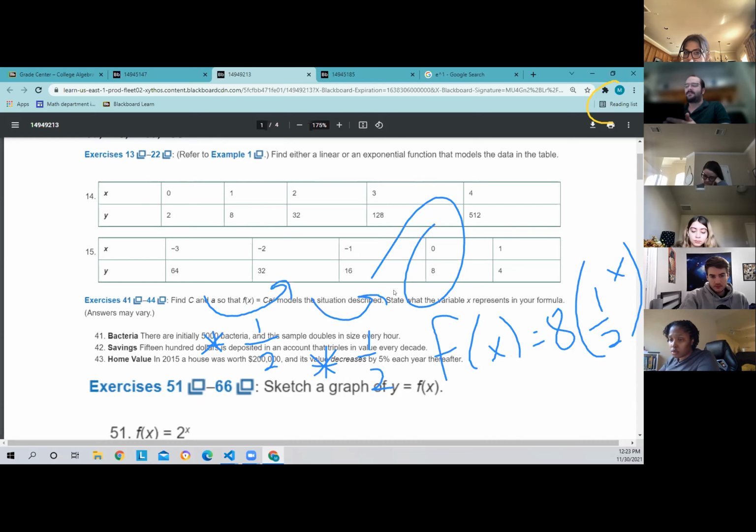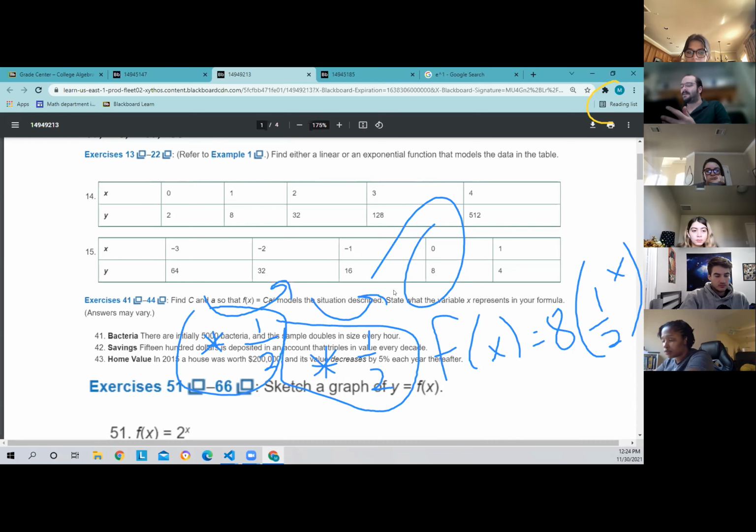Since we're multiplying, the operation here is multiplication. Whenever I multiply or divide, dividing is just multiplying by the reciprocal, right? So if I'm multiplying or dividing, that indicates this is exponential.